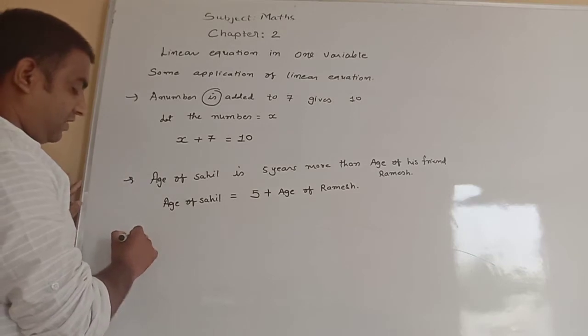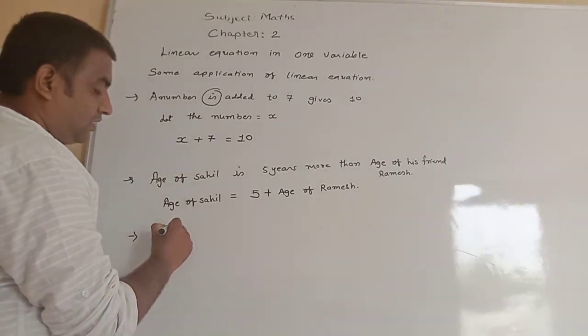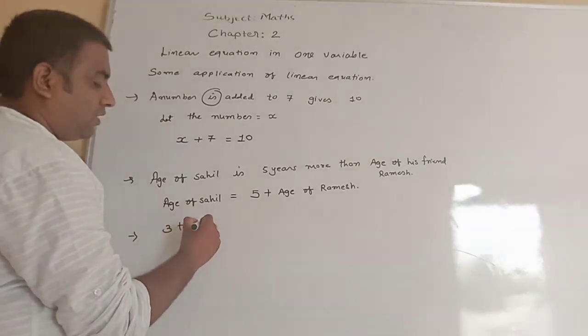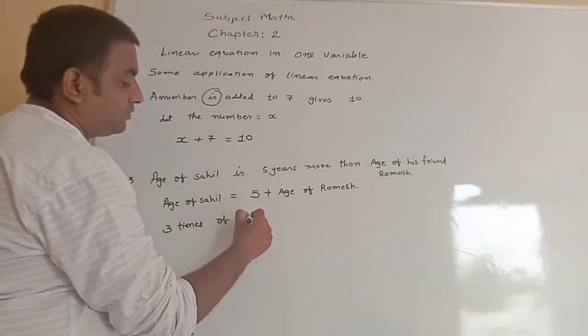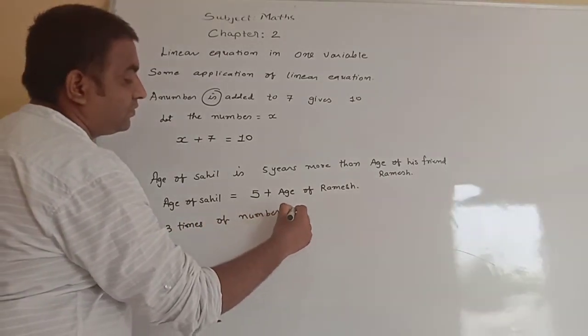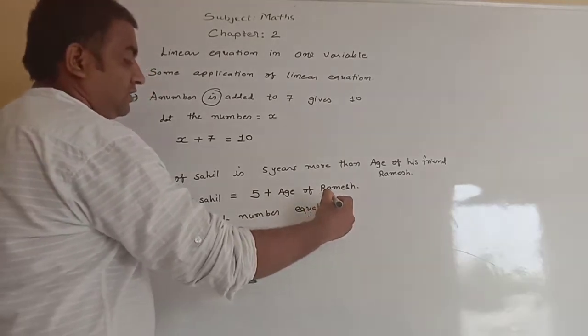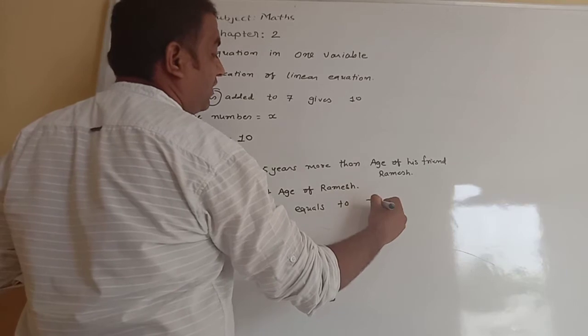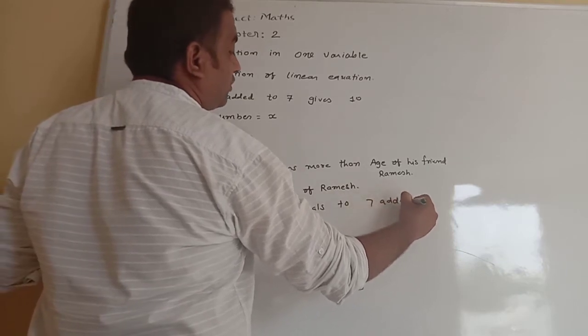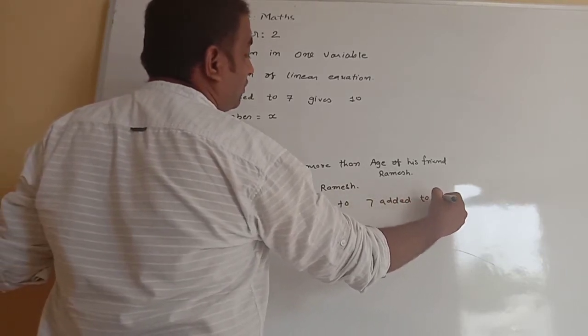Suppose it is given: 3 times a number equals 7 added to the number.